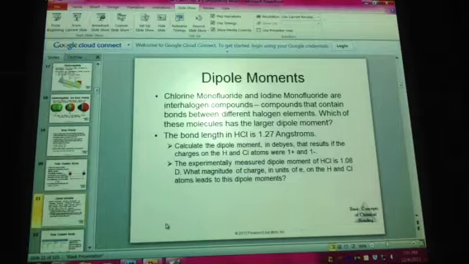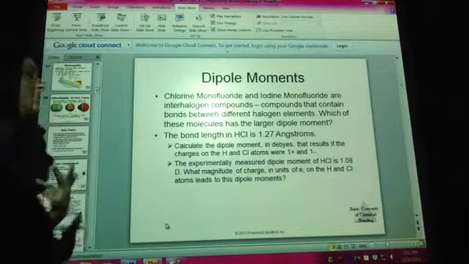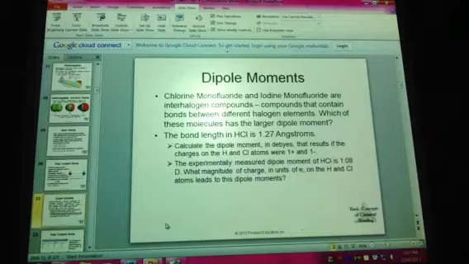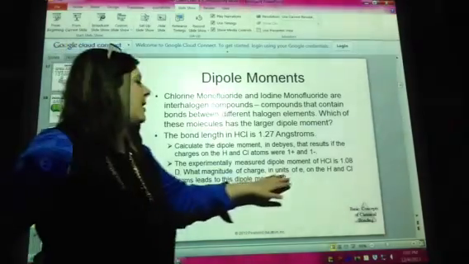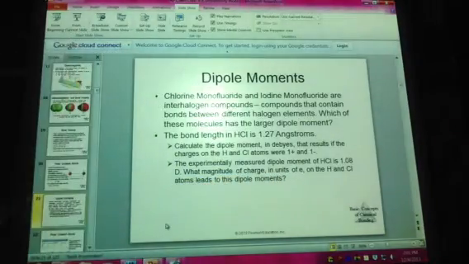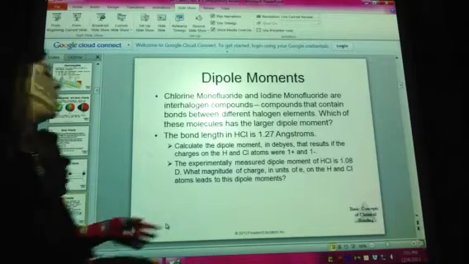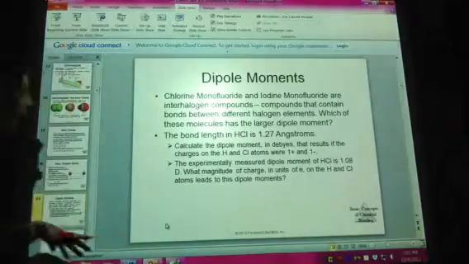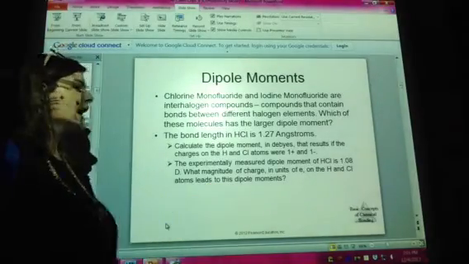In terms of the next one, it says, the experimentally measured dipole moment of HCl is 1.08. That's what they found in an experiment. What magnitude of charge then, if we're thinking about it in units of e, if we're thinking about it as that 1.60 times 10 to the negative 19th, on the H and on the Cl atoms would lead to this dipole moment.